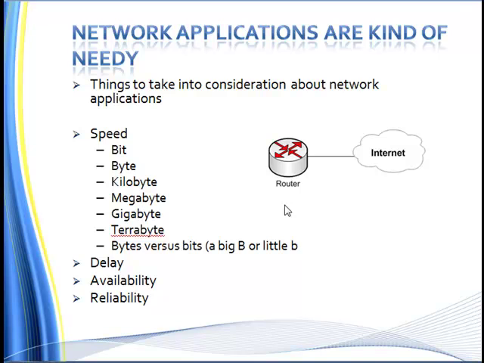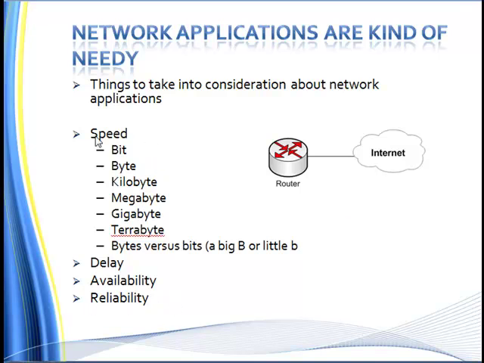They all have different needs, and the more you can understand the applications that ride your network and how you can make the network better for them, the better of a network engineer you're going to be, and the better a network you're going to provide to your users. There are several main things you need to pay attention to that applications are going to need on your network: speed, delay, availability, and reliability.